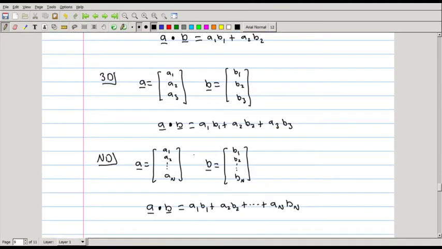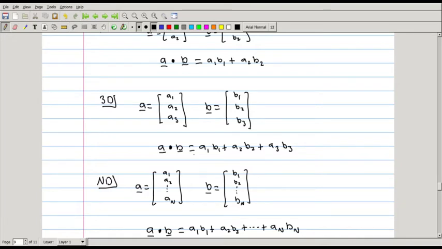Now, a useful tool for us within this realm of the dot product, the inner product as it's sometimes called, is the fact that this is always going to be equal to the length of the vector A times the length of the vector B times cosine of the angle theta, where theta is the angle between A and B. So in 2D this is going to look like the following.